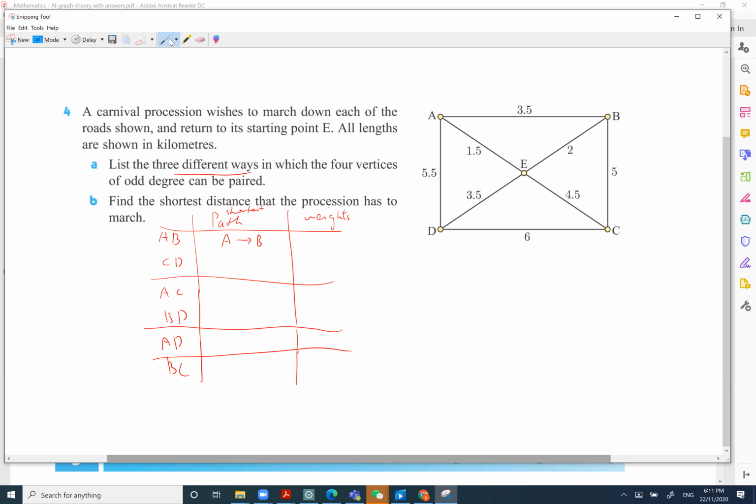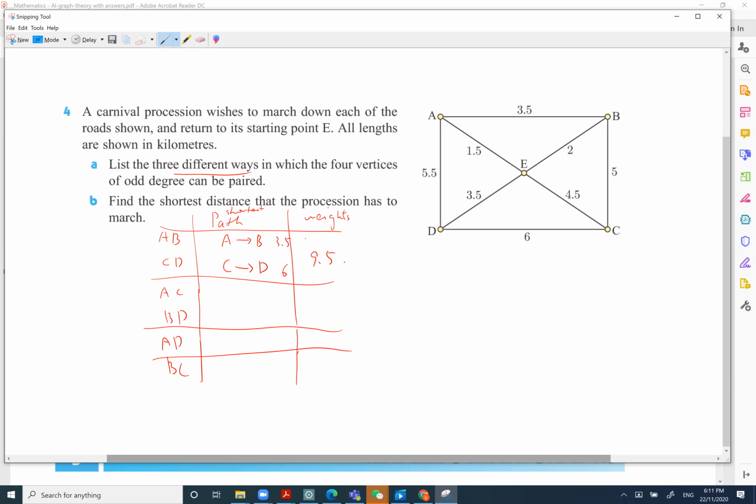But C to D, you can only go C to D to make it shorter. So A to B is 3.5, C to D is 6. CED is not shorter. So 9.5.